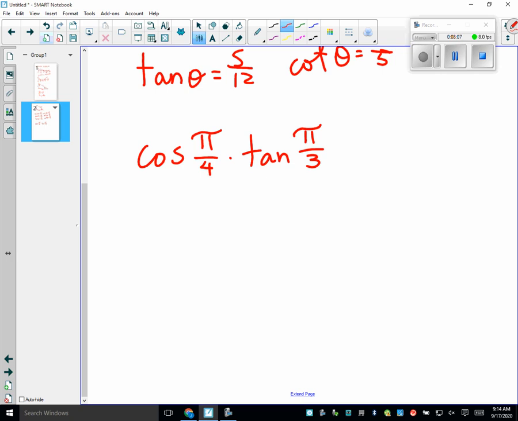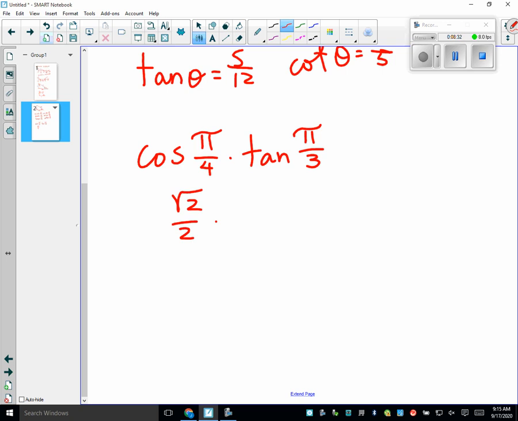Do you know the cosine of pi over 4? Oh, you should. That's a 45, 45, so it'd be square root of 2 over 2. Very good. That's a good one to know. You get asked a lot. What is the tangent of pi over 3?